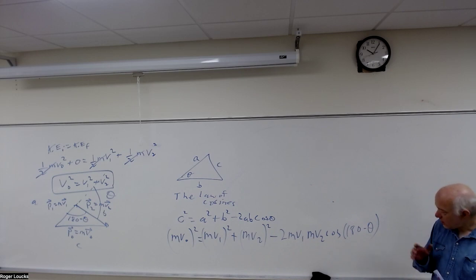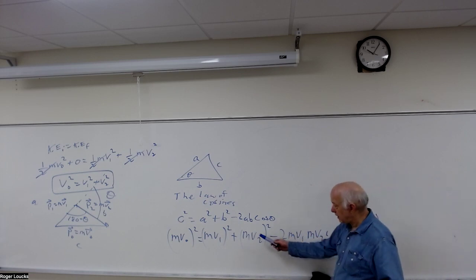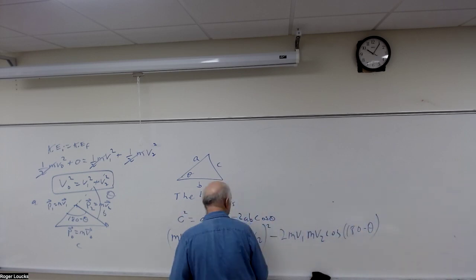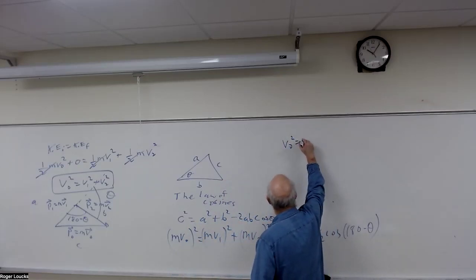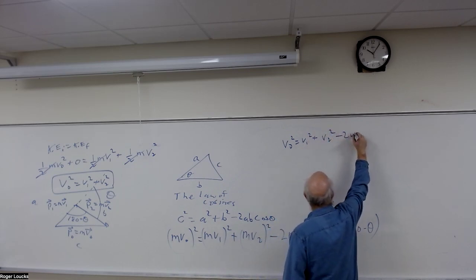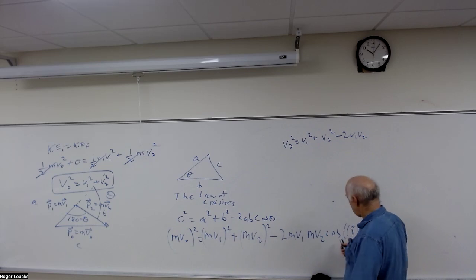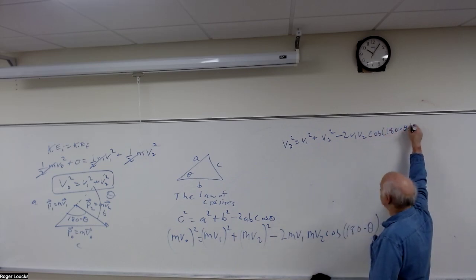One nice thing cancels: all the M squareds go out. So this gives me V naught squared equals V1 squared plus V2 squared minus 2 V1 V2 cosine of 180 minus theta.